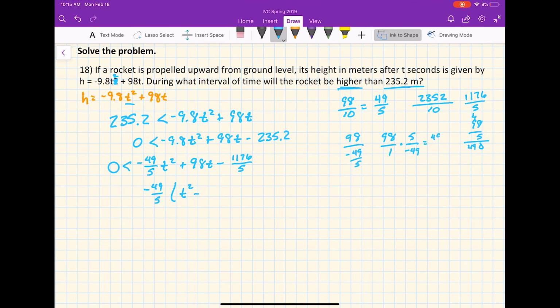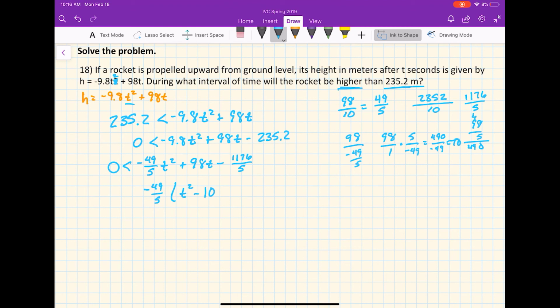This is looking good, fellas. 490 over negative 49. That's a negative 10. Nice. Negative 10. Yep, for sure. Okay, so we'll stick that over here. And that's going to be minus 10t.